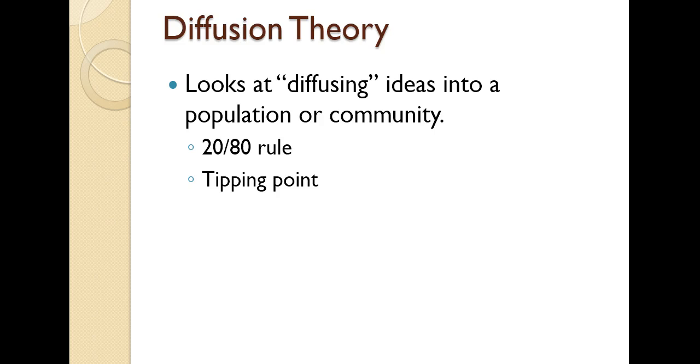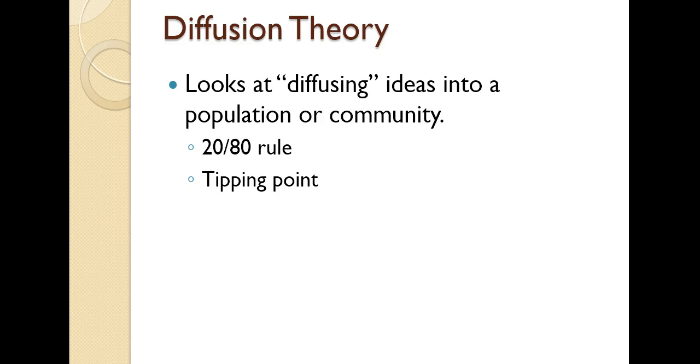The next one on the screen is the diffusion theory, and diffusion looks at how ideas are diffused into a community. And a diffuser is what people buy when they put the sticks into a fragrance, and then the fragrance spreads through the room. The same is true when you're looking at ideas. There's a way to diffuse ideas into the population.